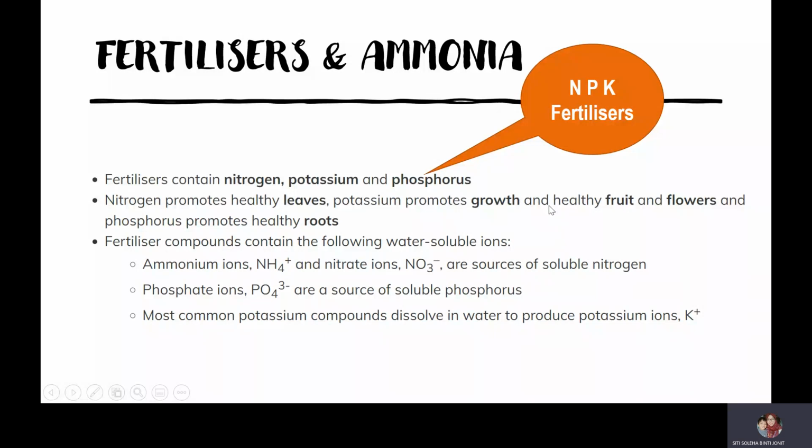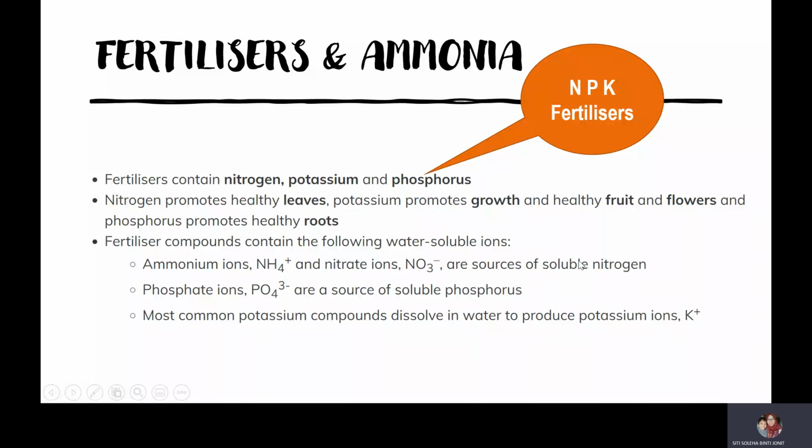Fertilizer compounds contain the following water-soluble ions. Okay, the first one is ammonium ions. Ammonium consists of one atom of nitrogen and 4 hydrogen atoms with the positive charge here. And nitrate ions consist of one nitrogen atom and 3 oxygen atoms with the negative 1 charge here.